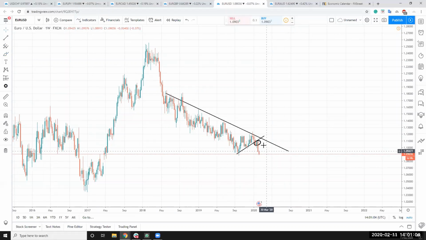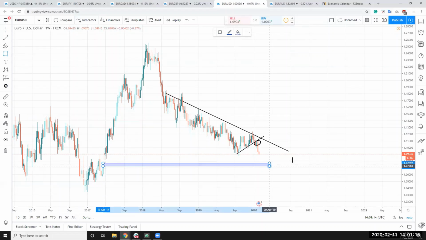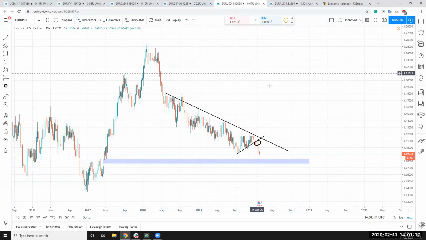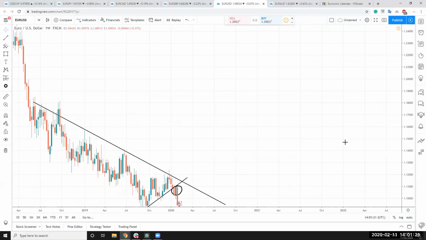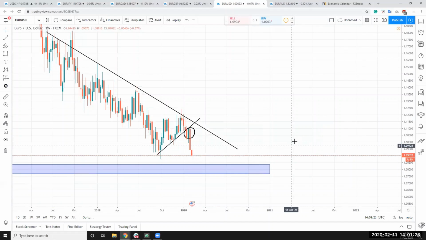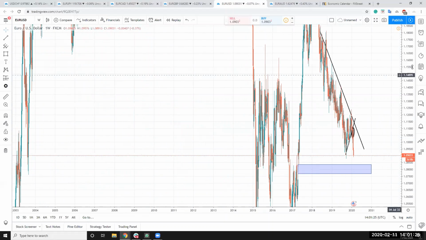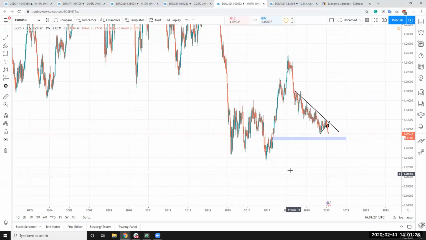All right, cool. So now, what can we assume price wants to do? We have a small gap. So now we're guessing.